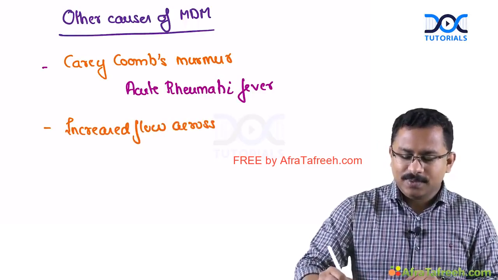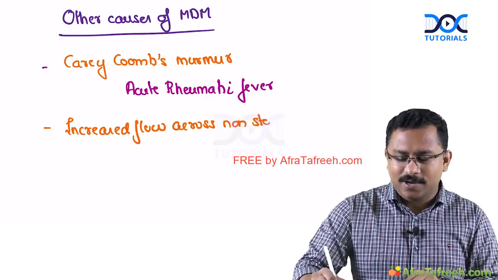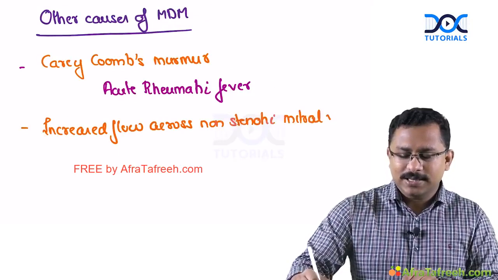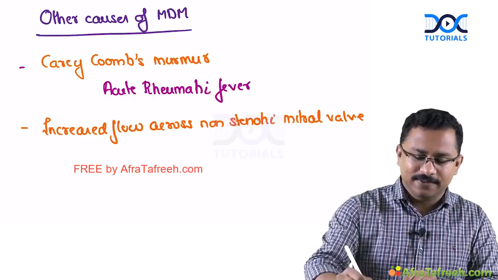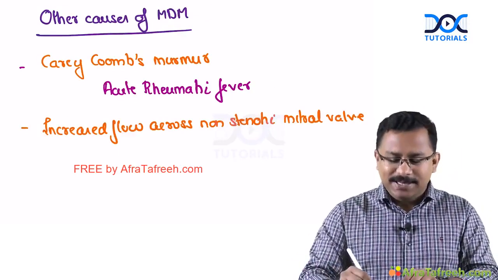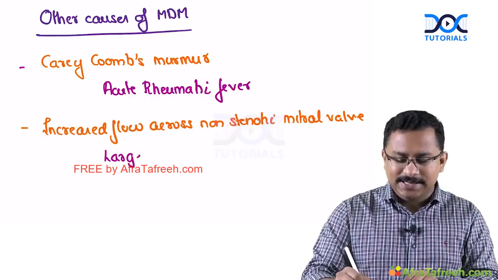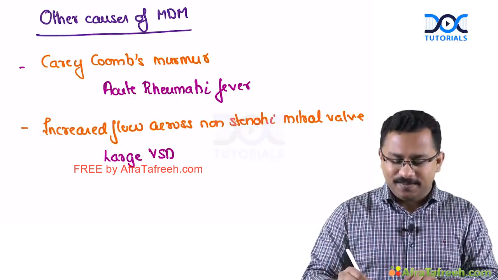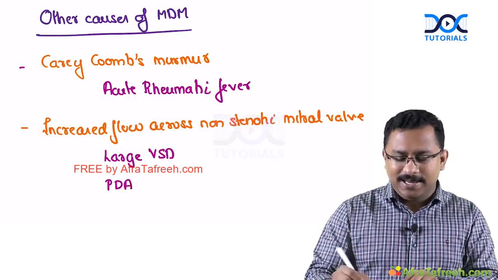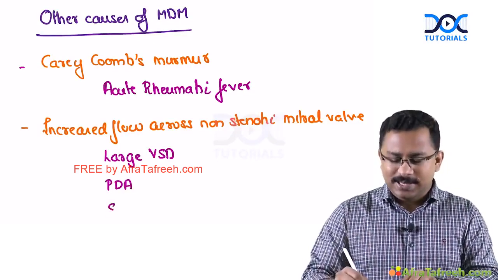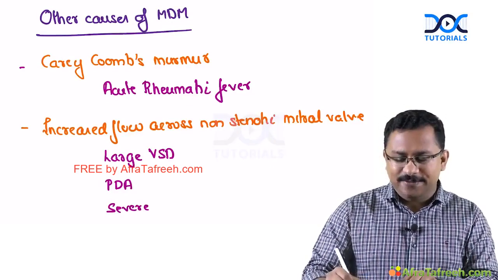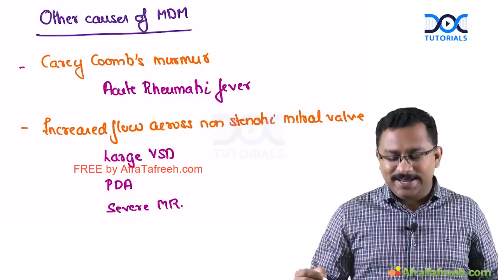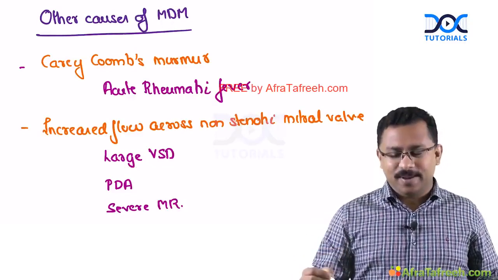This happens in conditions like a large ventricular septal defect, a patent ductus arteriosus, as well as severe mitral regurgitation. Large VSD, PDA and severe MR.